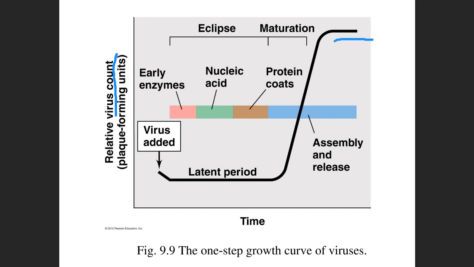The maximum amount of phage that a host bacterium can produce has an upper limit, because it only has this much nucleotide, right? 25 minutes doesn't give enough time to make more nucleotide. So that's the limitation.